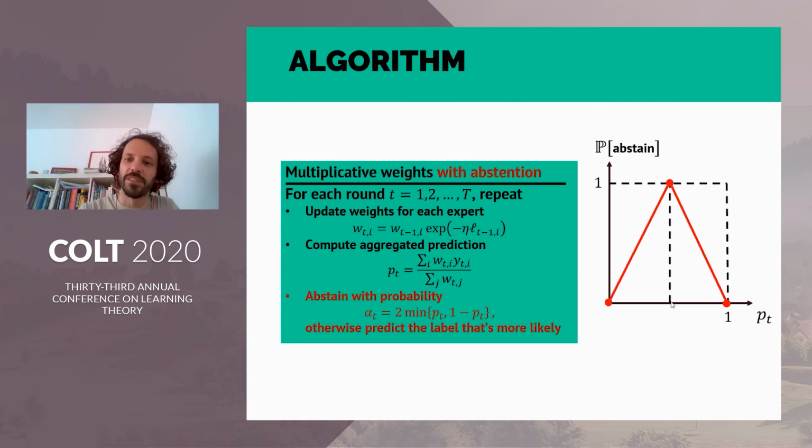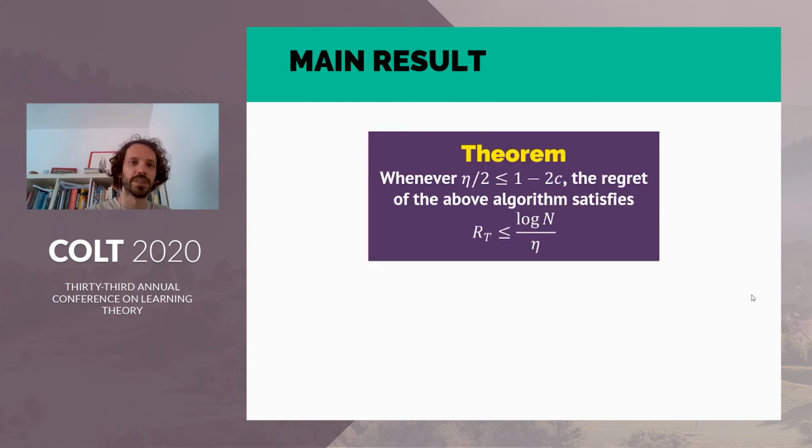And if we decide not to abstain and produce a 0-1 prediction, then what we predict is the majority label, so to say. So if p_t is closer to 1, then we are going to produce a prediction of 1. If p_t is closer to 0, then we are going to predict 0 if we do not abstain. All right, so our main result is the following.